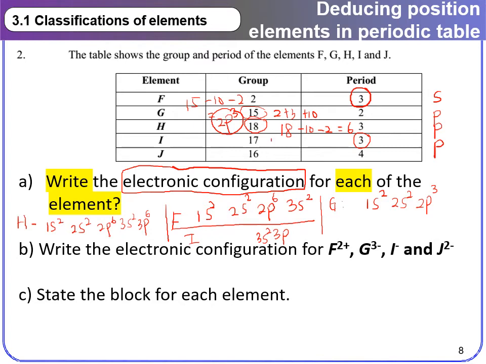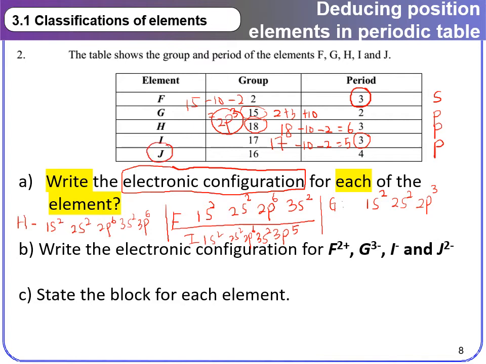This time we use 17 minus 10 minus 2 again, which is equal to 5. So that's why here we write 3s2, 3p5. What is in front here? 1s2, 2s2, 2p6.